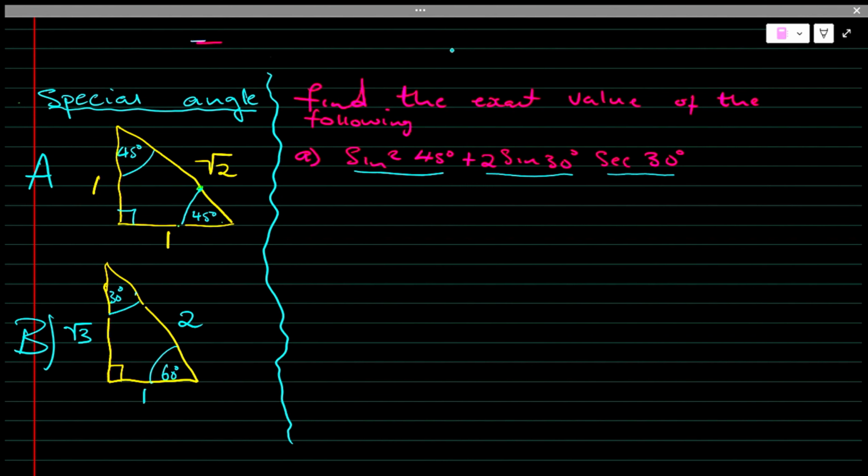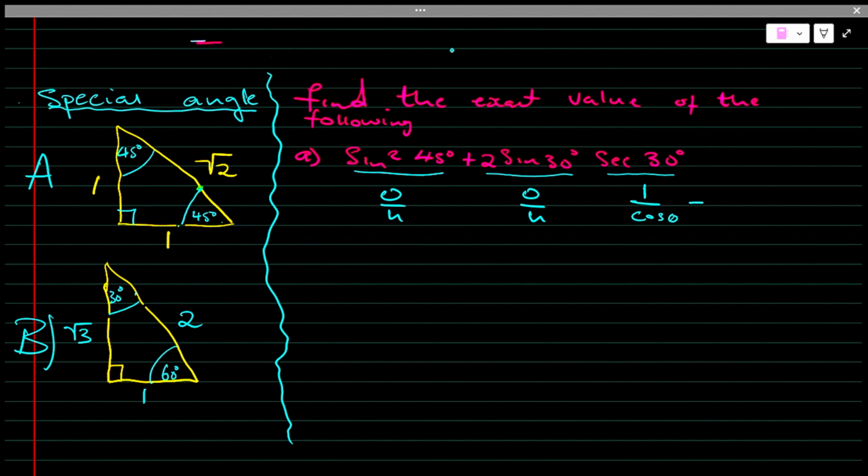So we know that the sine is opposite over hypotenuse. Okay, then what is the secant? We know that the secant is 1 over cos theta.